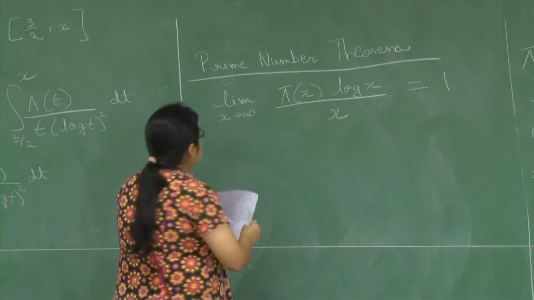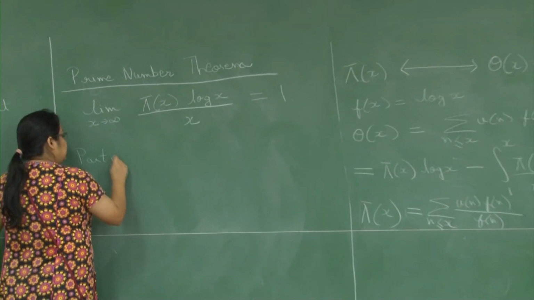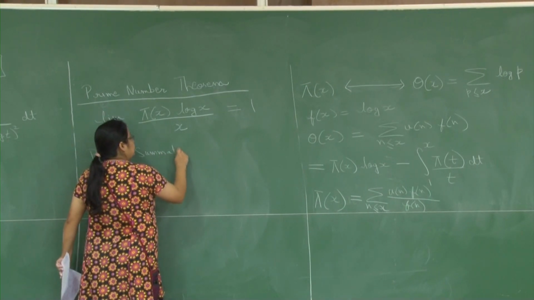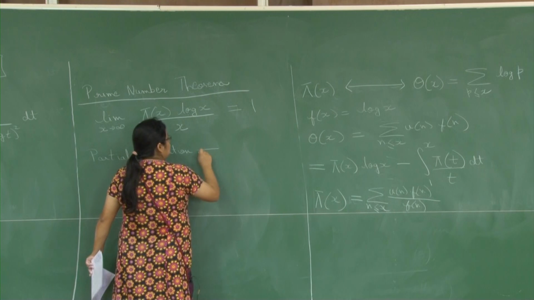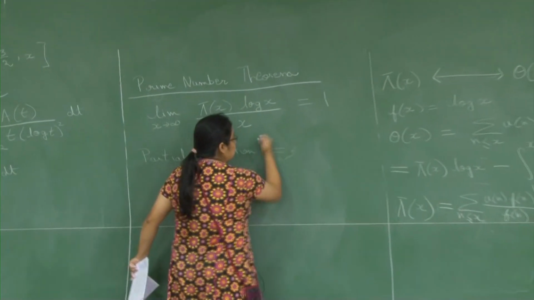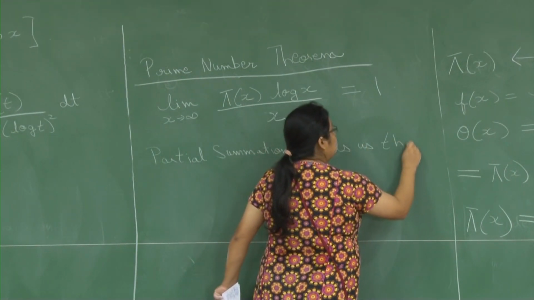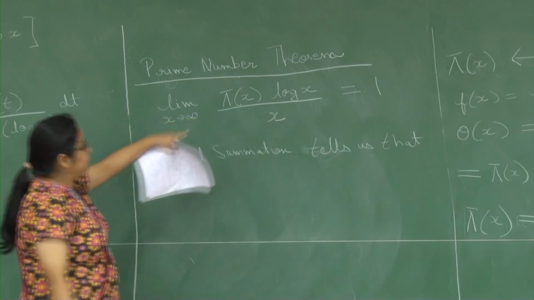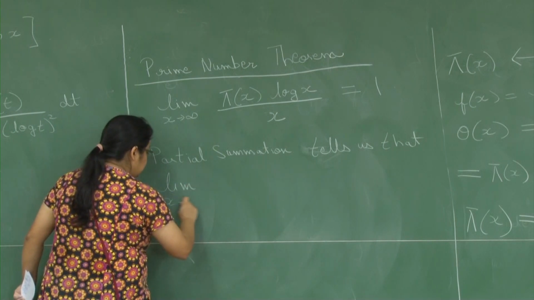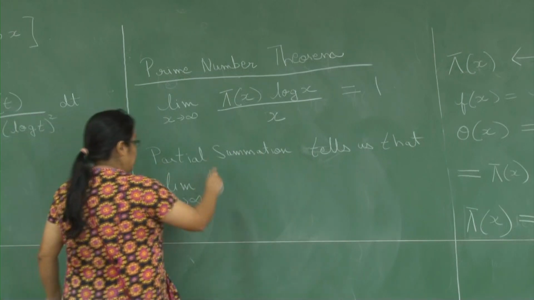And what partial summation tells us is the following. The above asymptotic holds if and only if a related asymptotic holds for theta of x.